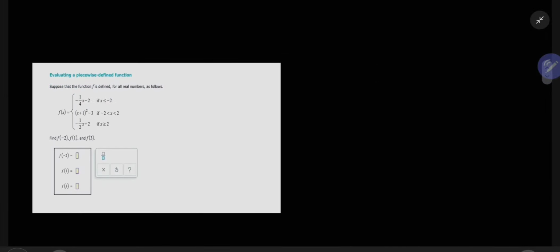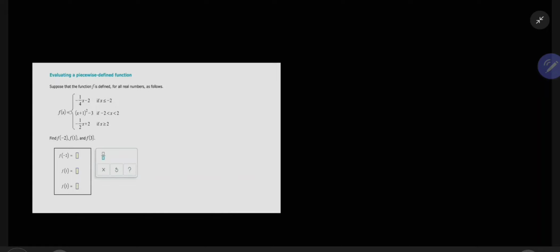So for the next one, you have this. So I will resolve f of minus 2. For f of minus 2, you have minus 2 on this first interval because it says x is less than or equal to minus 2.